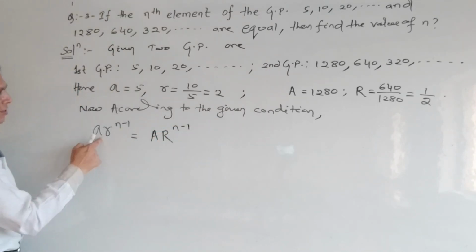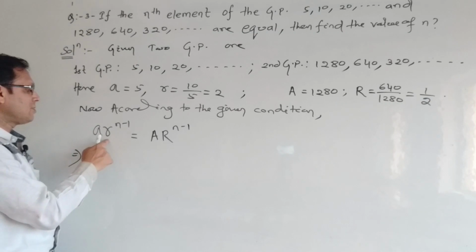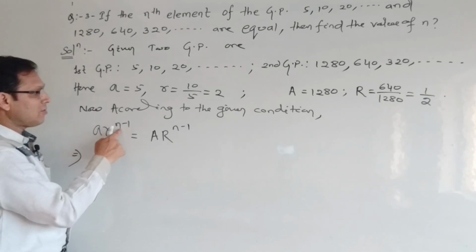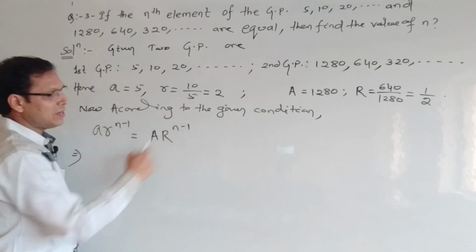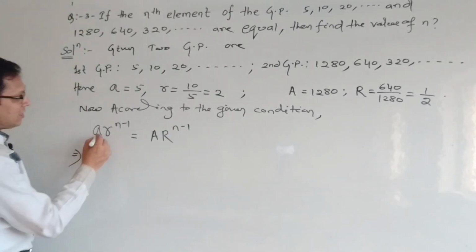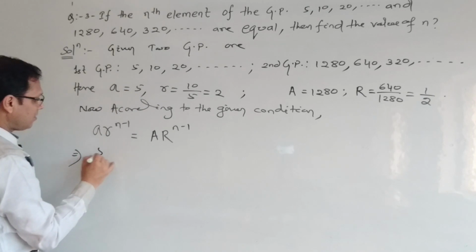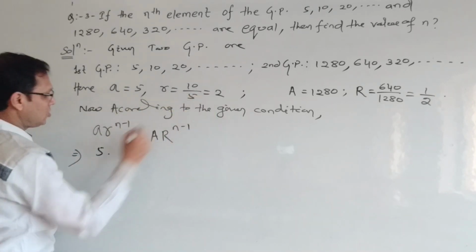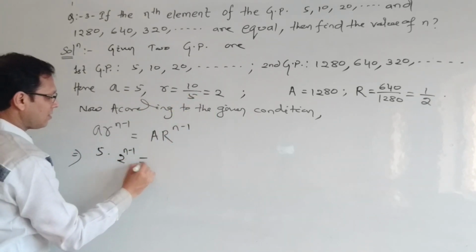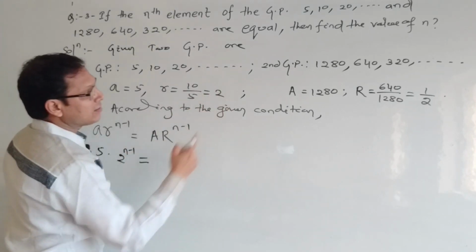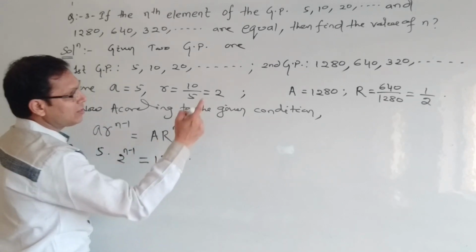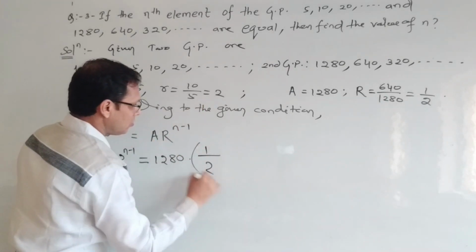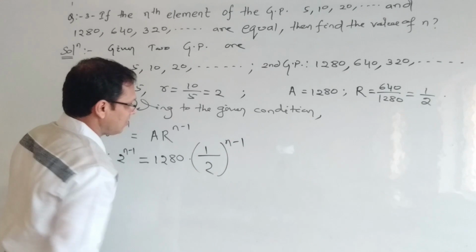They are equal. The nth term of the first GP is small a, small r to the power n minus 1, and the nth term of the second GP is capital A, capital R to the power n minus 1. Now here a is given 5 into r is 2, 2 to the power n minus 1 is equal to capital A, that is 1280 into R, 1 by 2 whole to the power n minus 1.